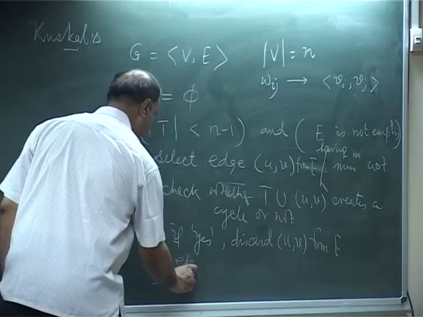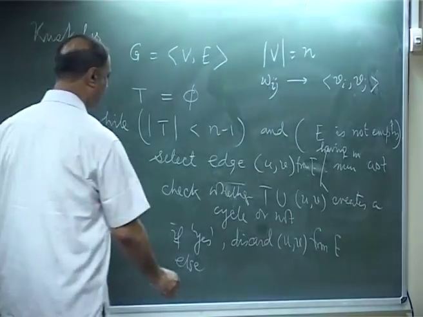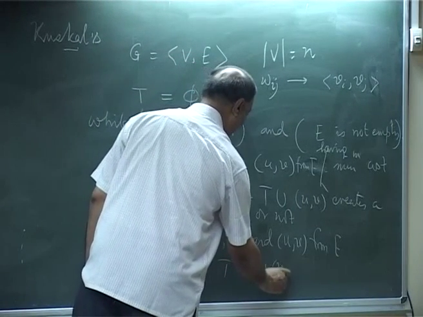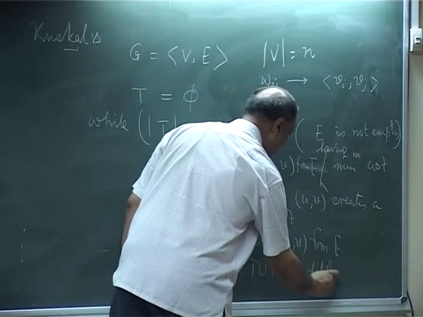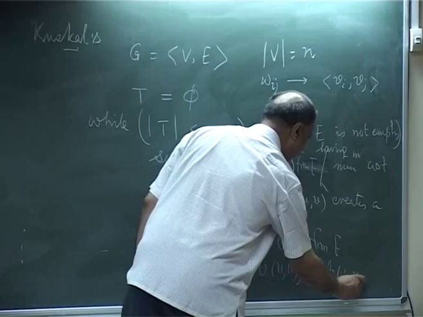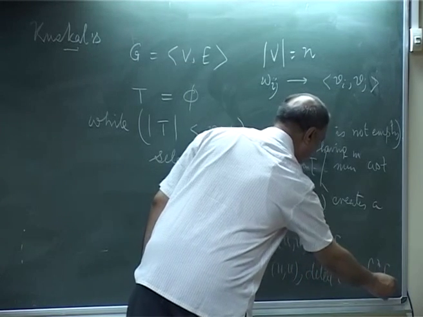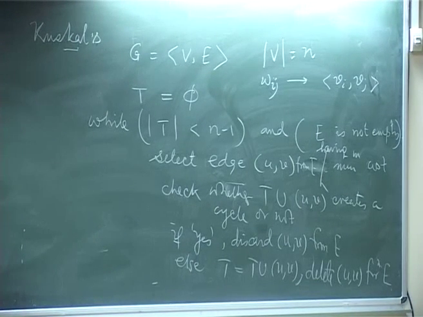Else, it is not creating a cycle, so you add it: T union UV, and delete UV from E. Okay? So that is your algorithm.